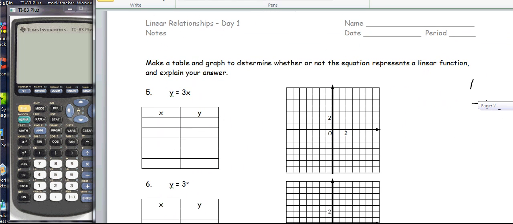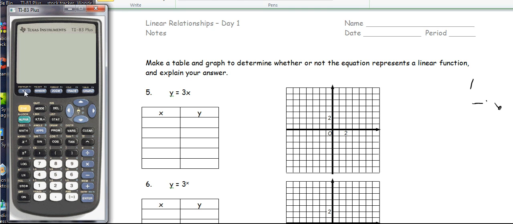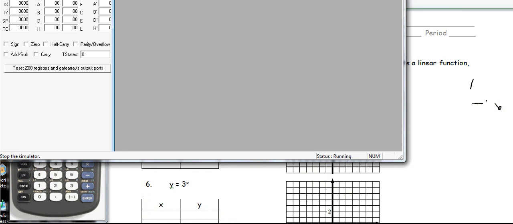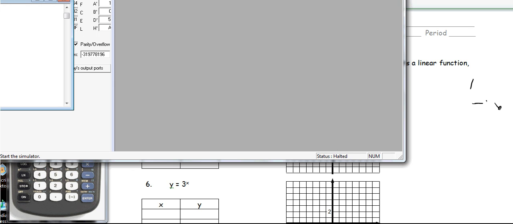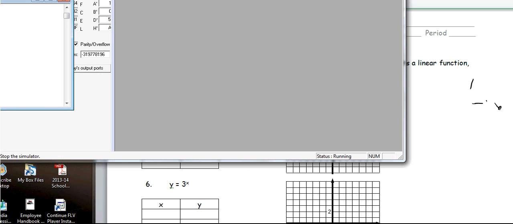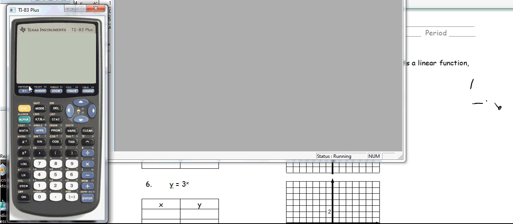Now let's turn your paper over and we're going to go back and look at our calculator again. So what I want you to do is go back to the y equals. I see we're going to have to go through this again. We'll go back to our y equals.